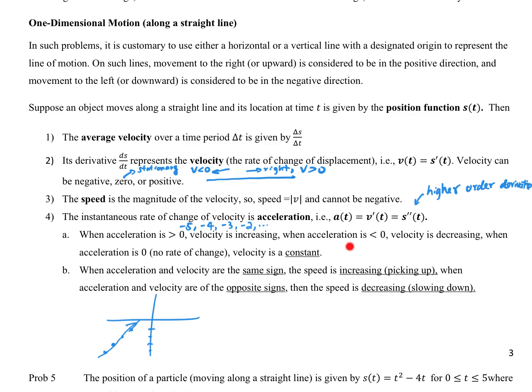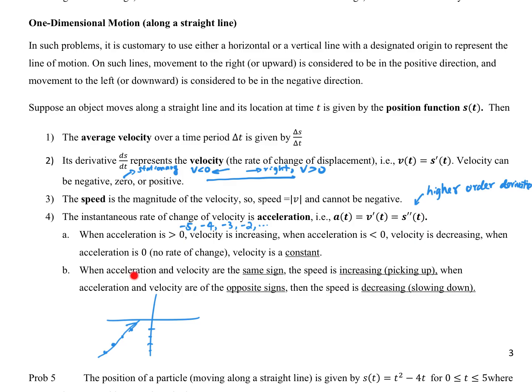Similarly, when acceleration is less than 0, the velocity is decreasing. When acceleration is 0, that means there is no rate of change in velocity. That means velocity remains the same, which means velocity is constant. There's no change in velocity. When acceleration and velocity are the same sign, then the speed is actually increasing.